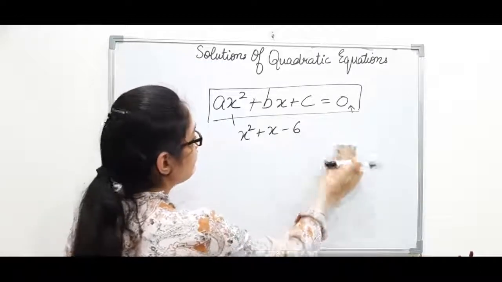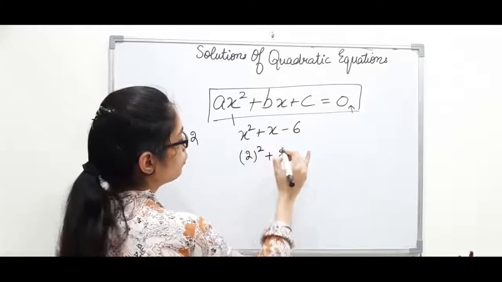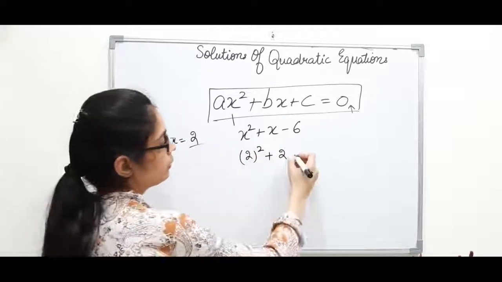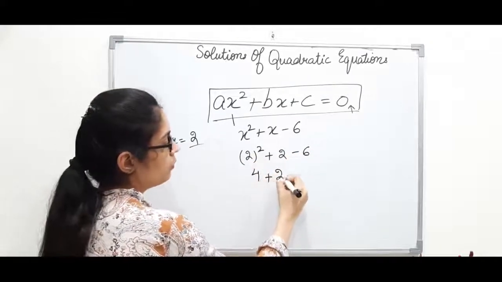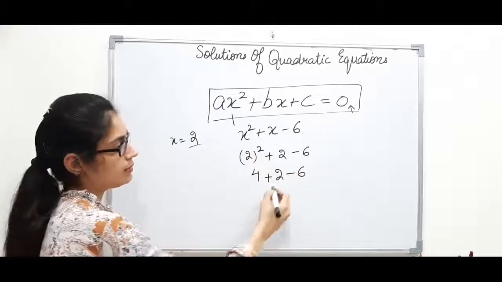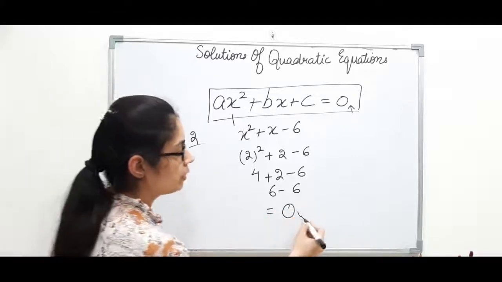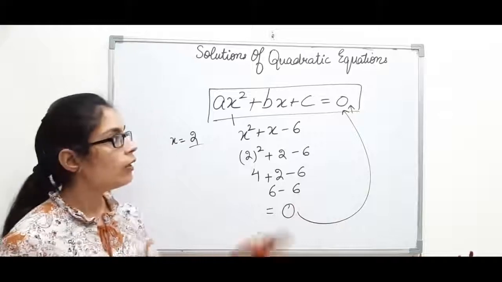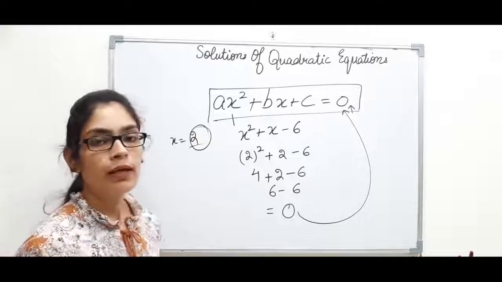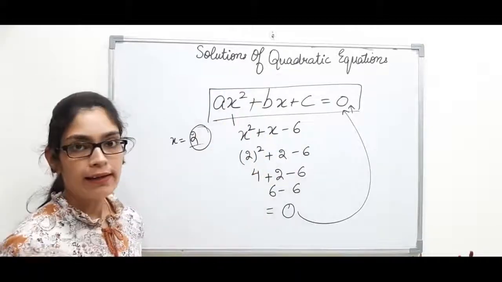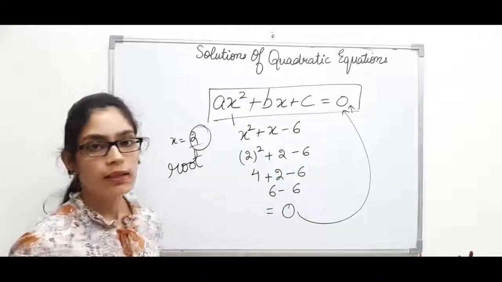So I will use only till here. 2 square plus 2 minus 6, since I have taken the value of x equal to 2. 2 square, 2 into 2 is 4, plus 2 minus 6. 4 plus 2 is 6. And 6 minus 6 is equal to 0. Now you can see we got 0, which is equal to the right hand side of our quadratic equation. This means x equals 2 is a solution of this quadratic equation. You can also say this is a root of this quadratic equation.